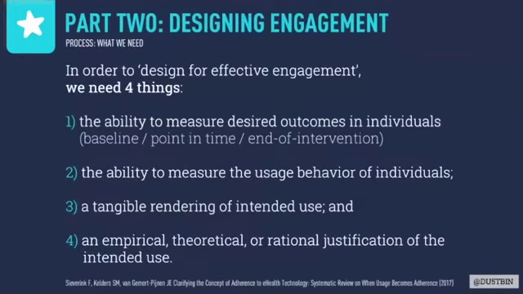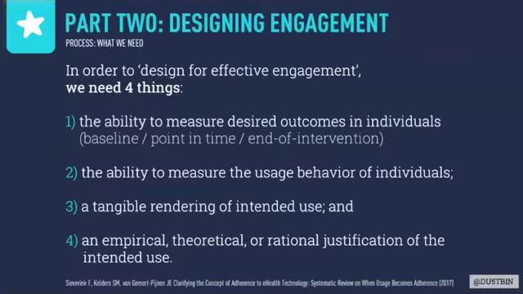So in order to do this, we need to have 4 things. We need to have the ability to measure desired outcomes in individuals. We can think about that from a baseline, from an end of intervention, at a point in time, some way to measure outcomes, right? Clearly measure those outcomes. The ability to measure the usage in individuals, so finding those analytics and how people are using and engaging with the application.